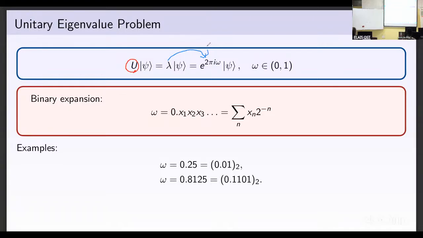Now, can anyone tell me why the eigenvalue can always be expressed as exponential of 2 pi i theta kind of thing? Which property of the unitary operator can guarantee that it will be of this form? Anyone?